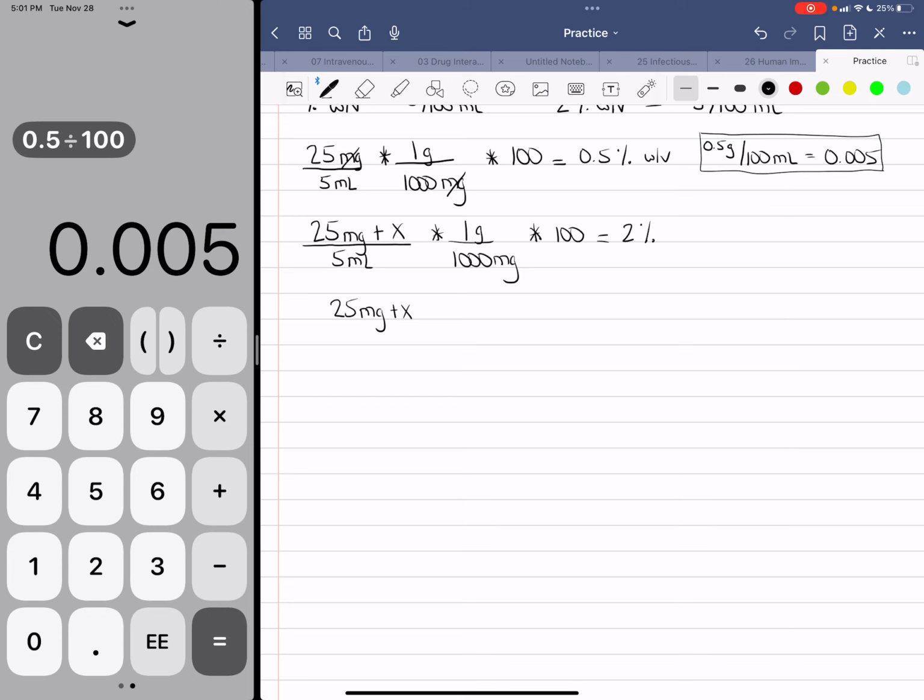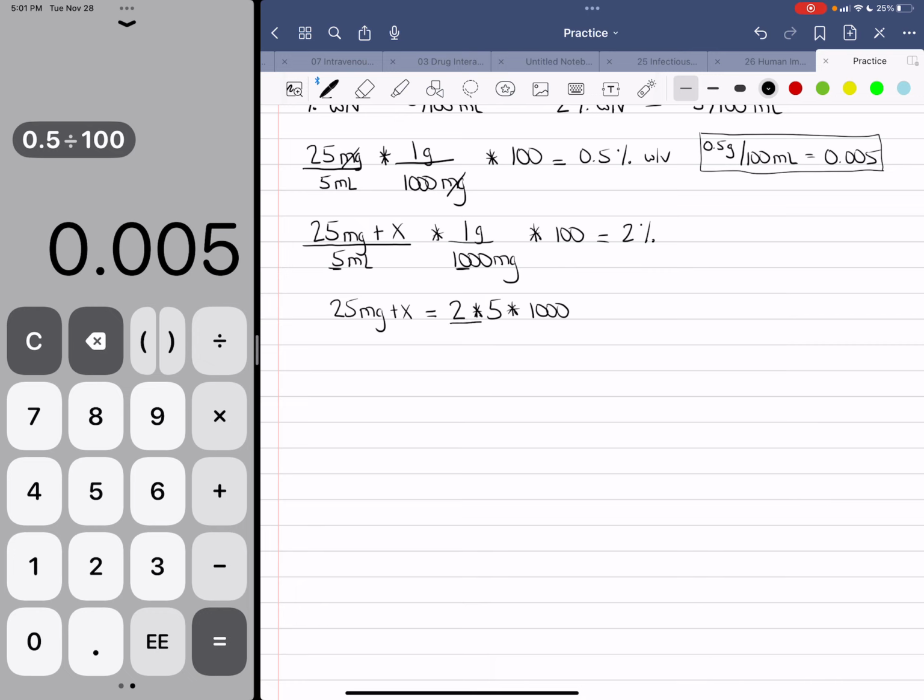And basically all of this other stuff we're going to take care of in one step right here by doing the opposite. So we're going to end up with our 2 here, and we're going to multiply by 5, and multiply by 1,000 right there, because we're doing the opposite.